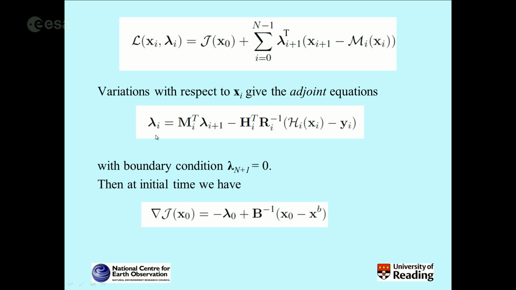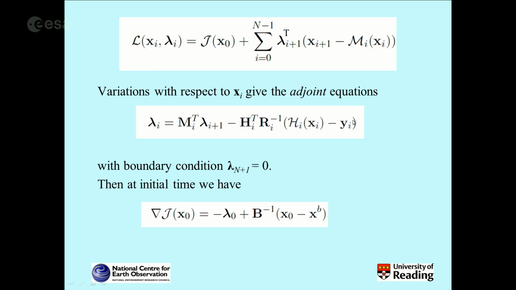This is what we mean by the adjoint model. I don't have time to go into detail on exactly what that means. All I want to say is that we can derive these operators M and these operators H from our original operators, our nonlinear model and our nonlinear observation operator.